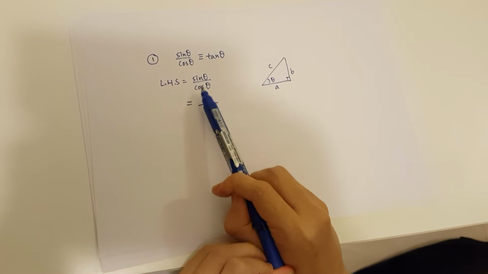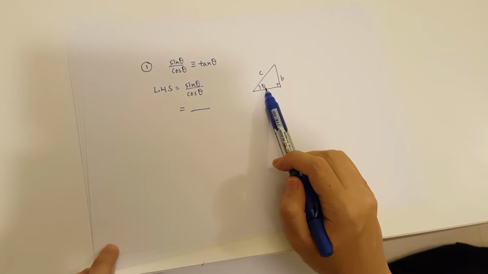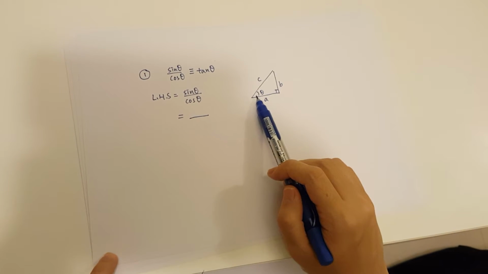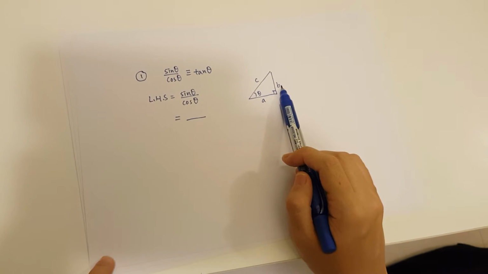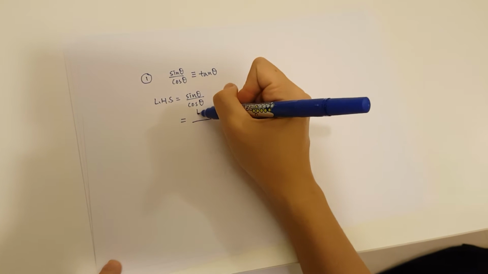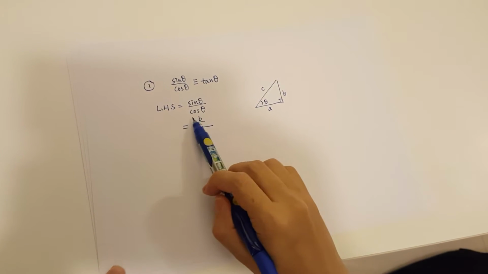If we consider this angle, and take the sine ratio, do you remember? Sine theta is equal to the opposite side over the hypotenuse, that is b over c. And how about cosine theta?